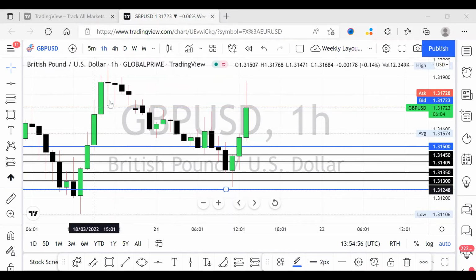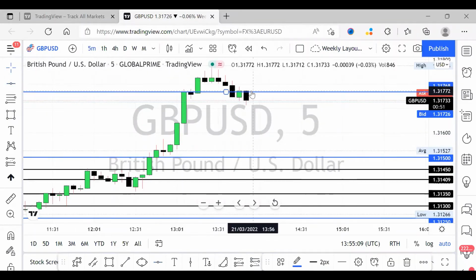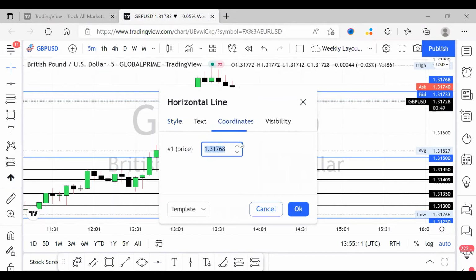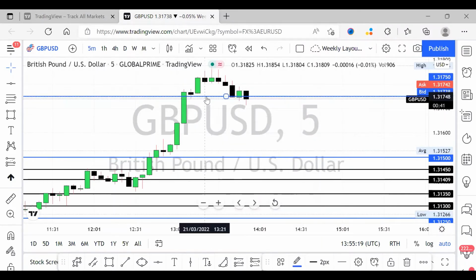So it's a bit like how we draw our supply and demand zones. In the same way, we first draw any line. Even on the 5-minute chart, let's start here. So we will do this at 7:50. From that line, every 50 pips, we go down.